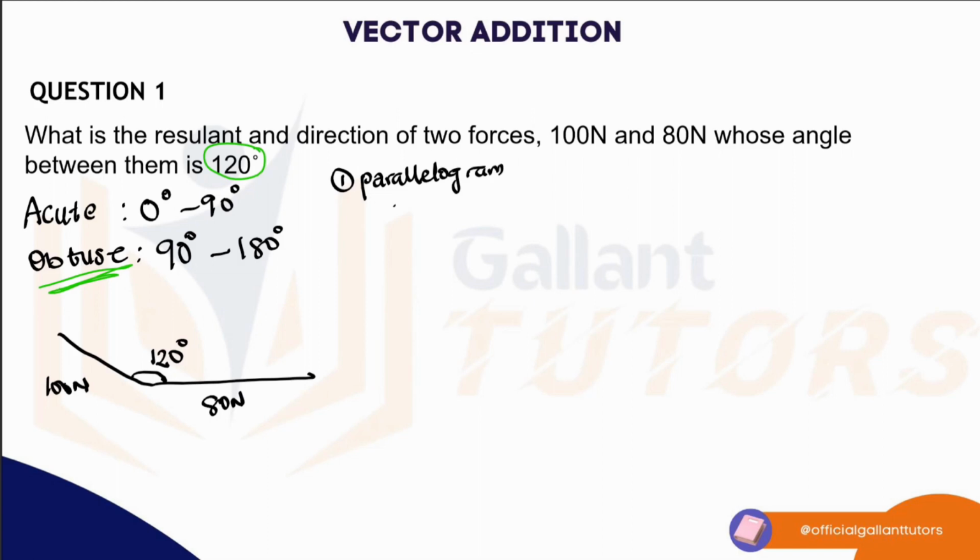That's the first step. And there are some principles you have to know on that parallelogram. On the parallelogram, opposite sides are equal. You get to see all this play out as we proceed. Opposite sides are parallel.